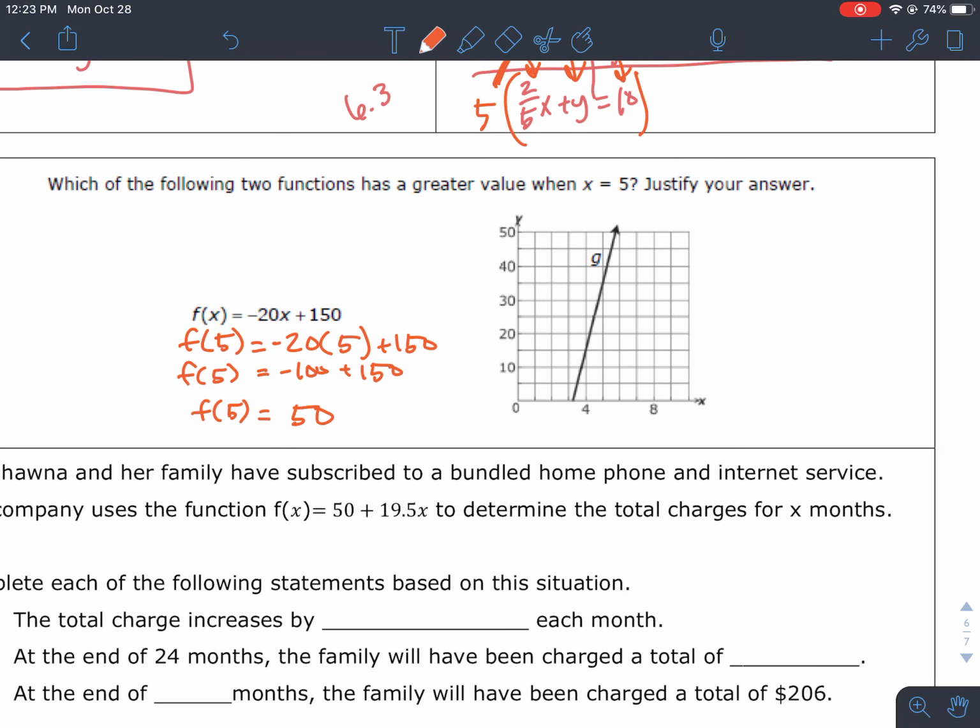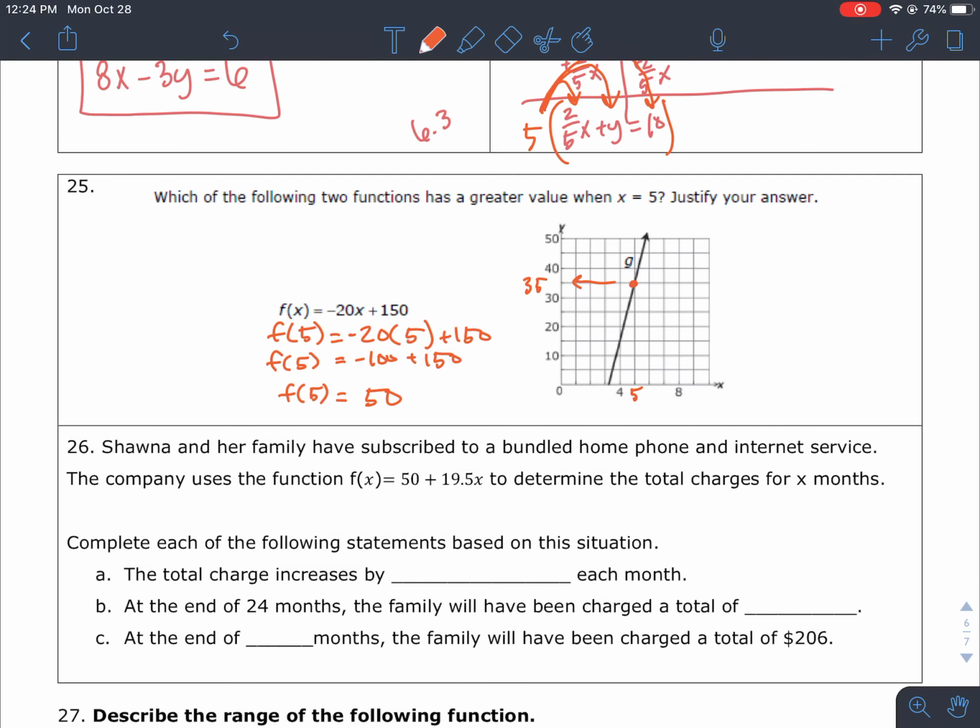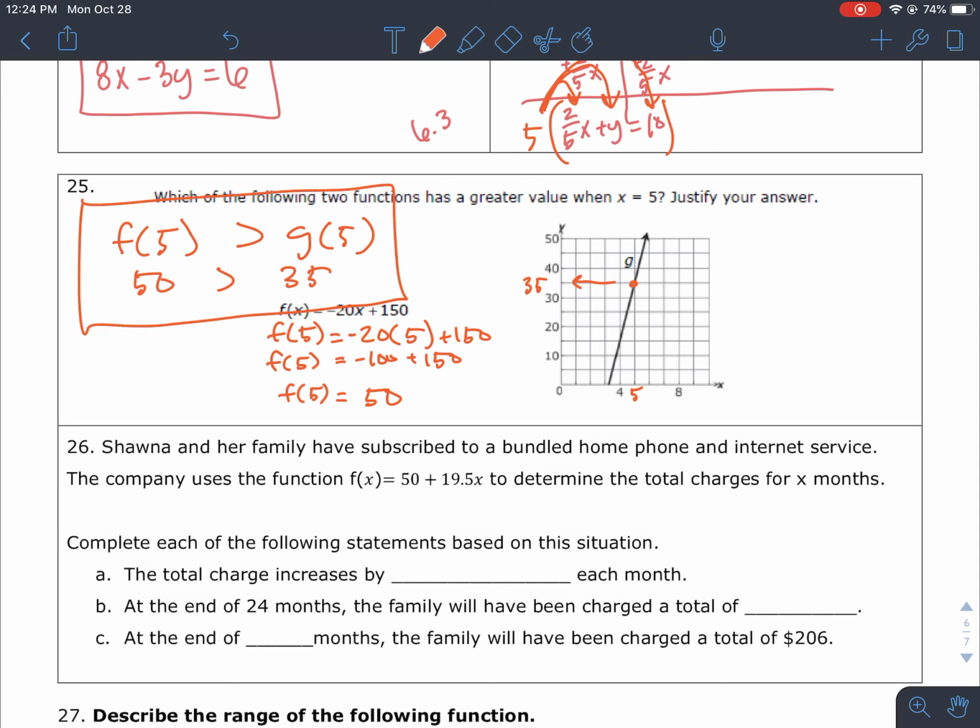Okay, now I'm going to look at the graph, and I'm looking whenever x is 5, which is right there. So my y value is 35. So I would say that f of 5 is greater than g of 5 because 50 is greater than 35. That's my answer, and that's how I justify it.